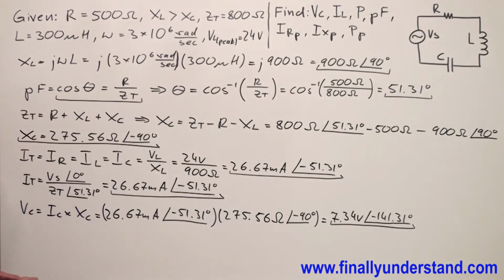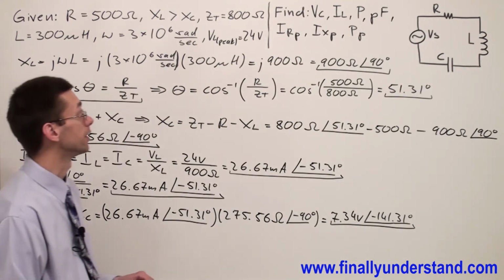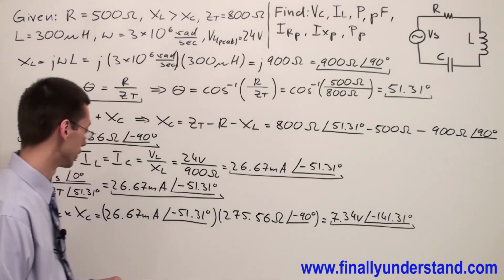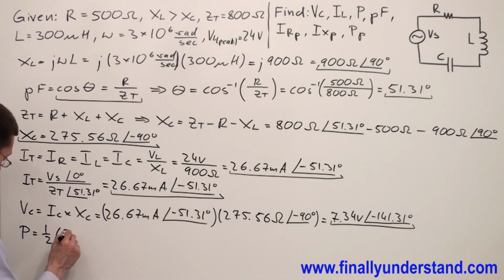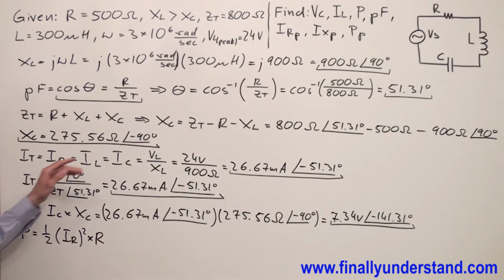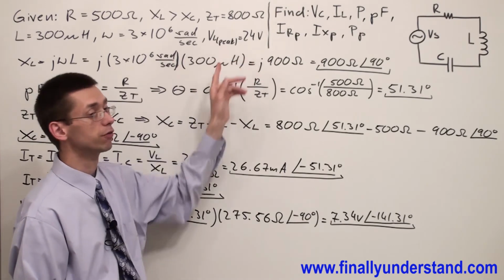Next, we have to find the true power in the series circuit. So in order to do so, we're supposed to simply write that true power is equal to 1/2 IR square times resistance. I'm using 1/2 because from the beginning I'm using peak voltage.